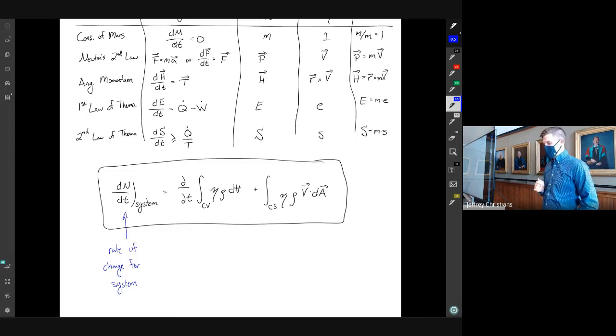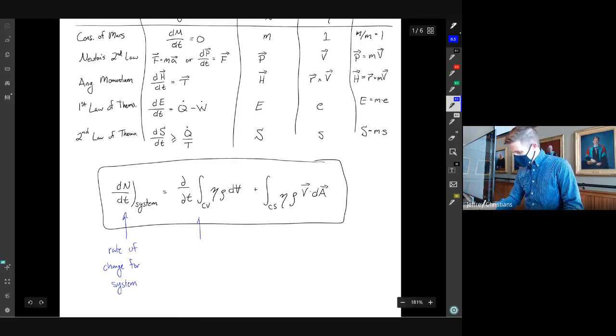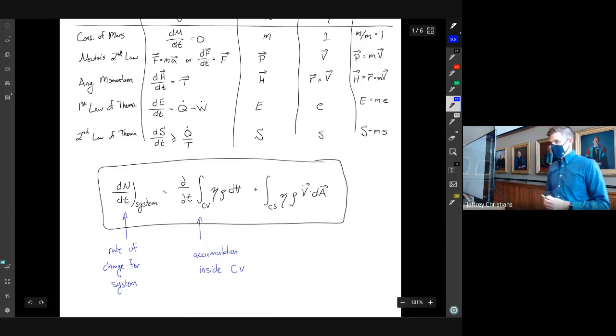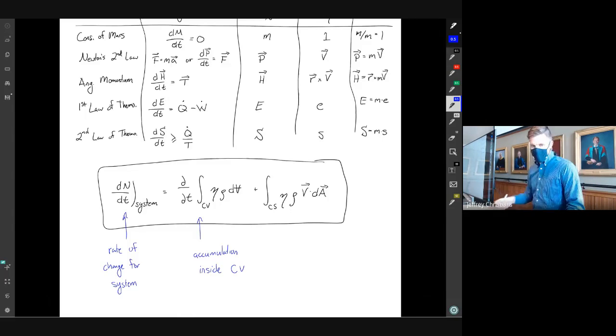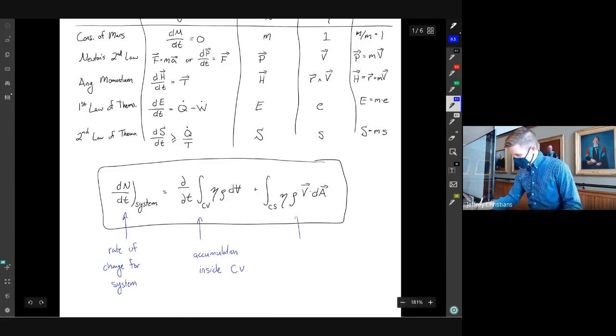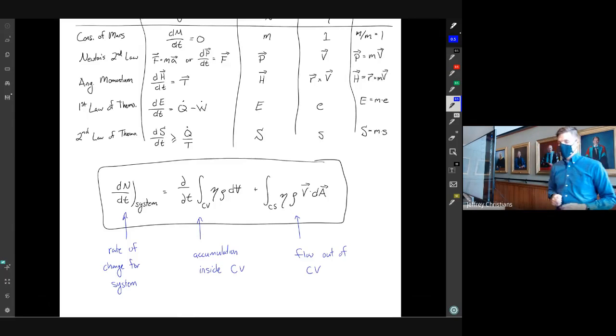Depending on which physical property, we can map that onto an accumulation inside our control volume, and this is the flow out of the control volume.